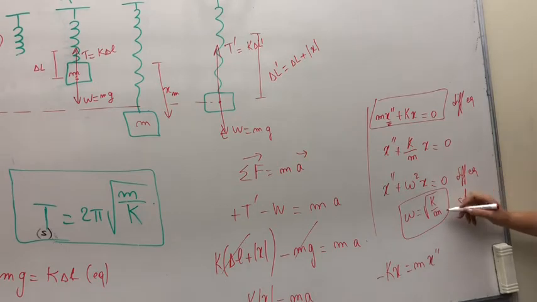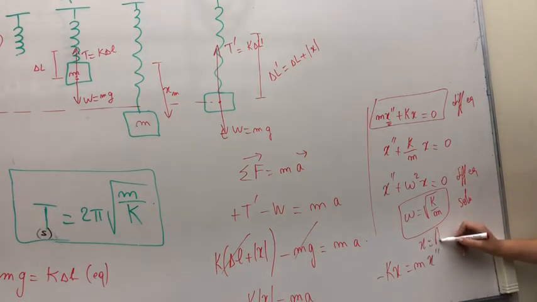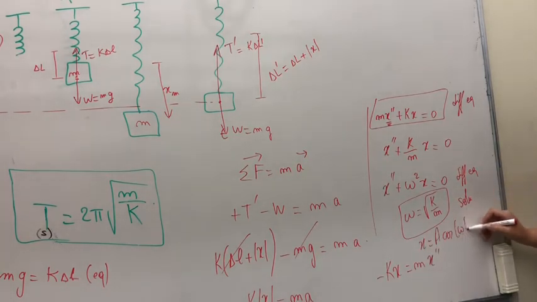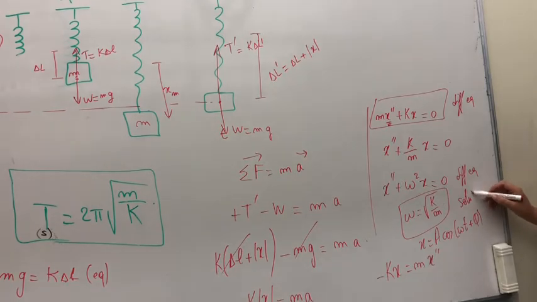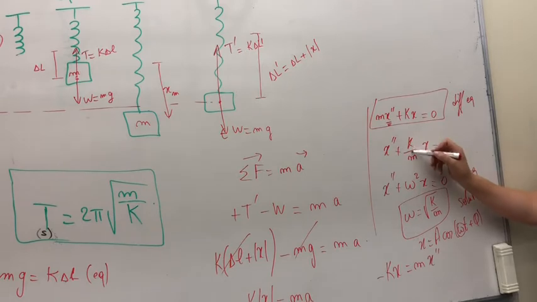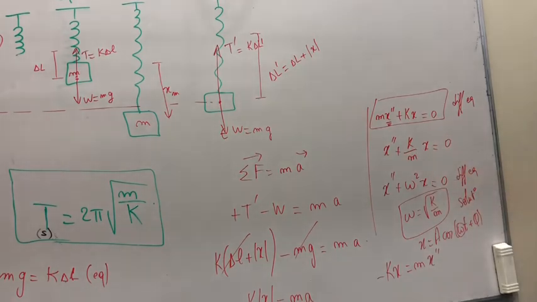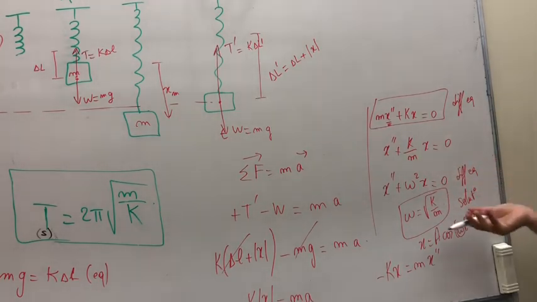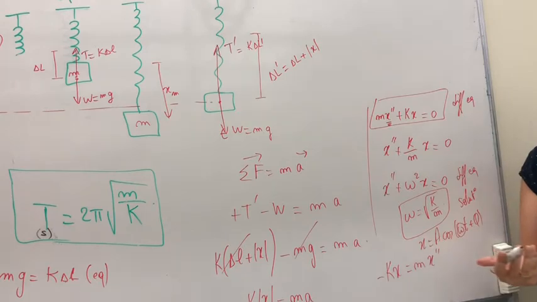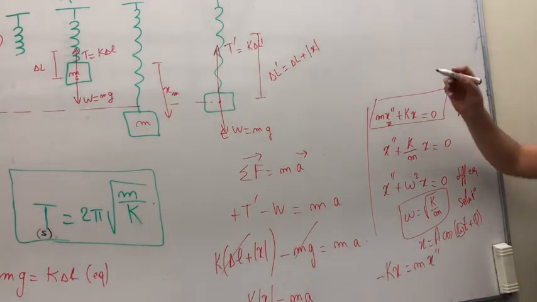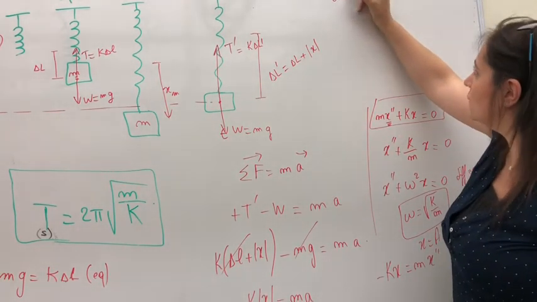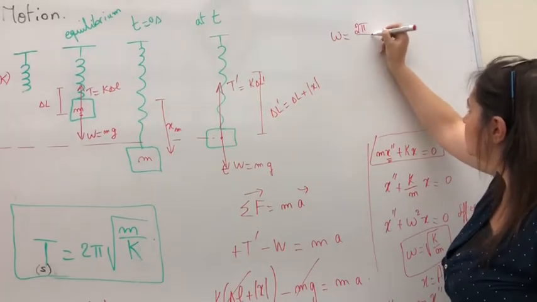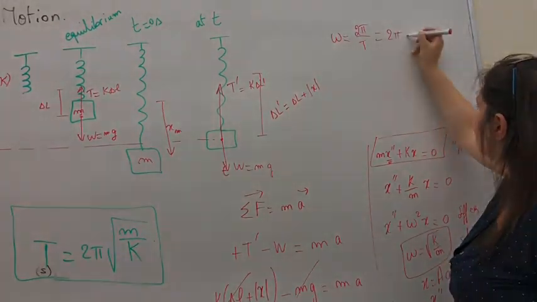The solution is x equals a cosine omega t plus phi. This is the solution, where omega is radical k over m in physics, and in math it is omega squared, which is in front of x. Why are we saying this? Because in math I have omega, and if I go to the experiment I will see T. What is the relation between omega and t? The most famous formula in physics: omega is 2 pi over t, or 2 pi f.